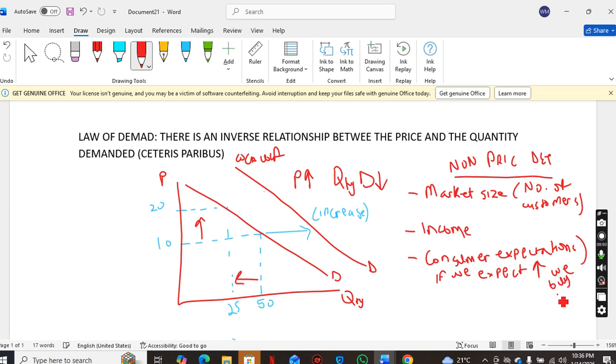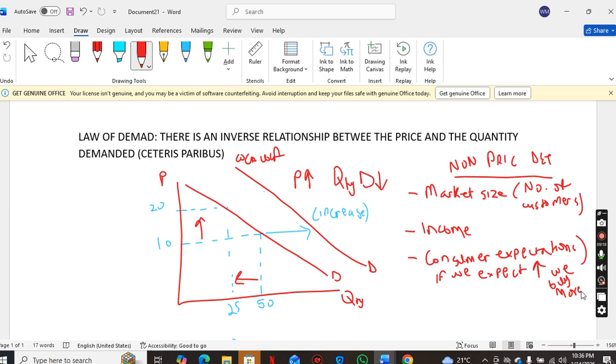Okay, let's say if they're saying that the price of petrol is going to reduce after tomorrow. People are going to wait for that cheaper price to come in. They're not going to buy the expensive petrol, because remember, we want to spend less. So people are going to wait for the price of petrol to drop so that they can now buy it at a cheaper price.